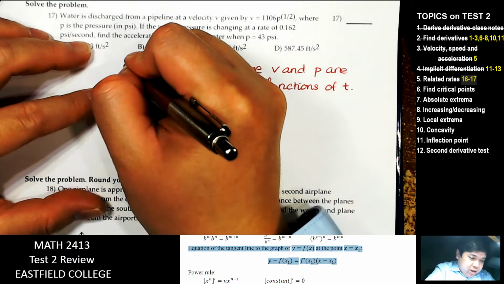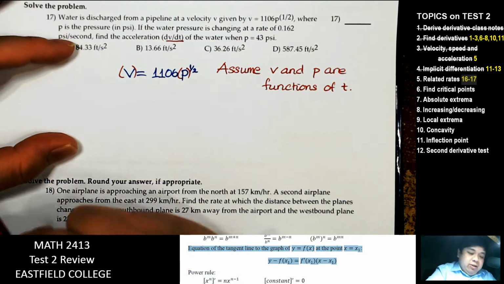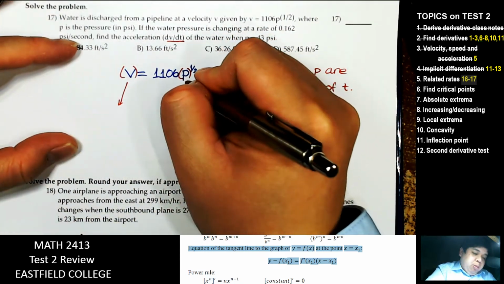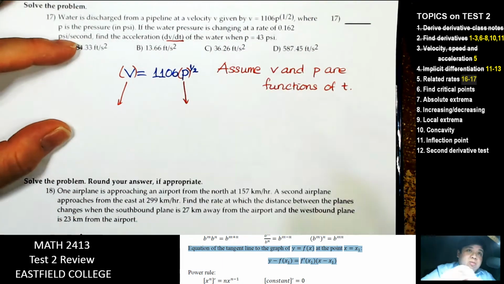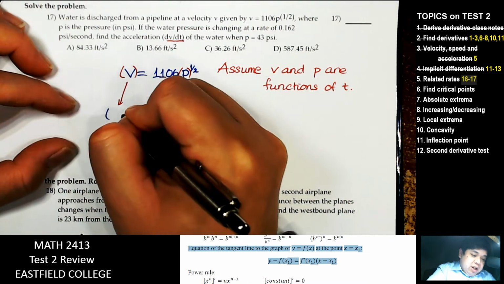So let's put the parentheses around it and then take the derivative. This is pretty simple. It's not even the product rule or anything.